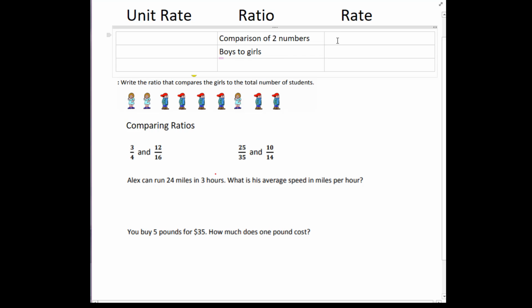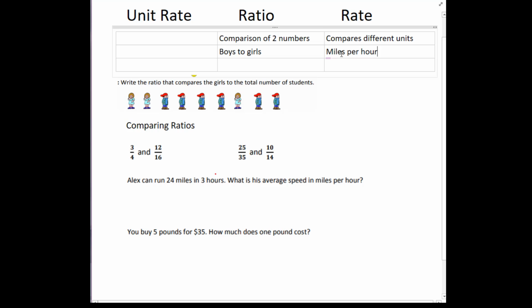When we talk about rates, the important thing to remember is that it compares different units. One way to tell the difference is that a rate is two different things, like miles per hour.